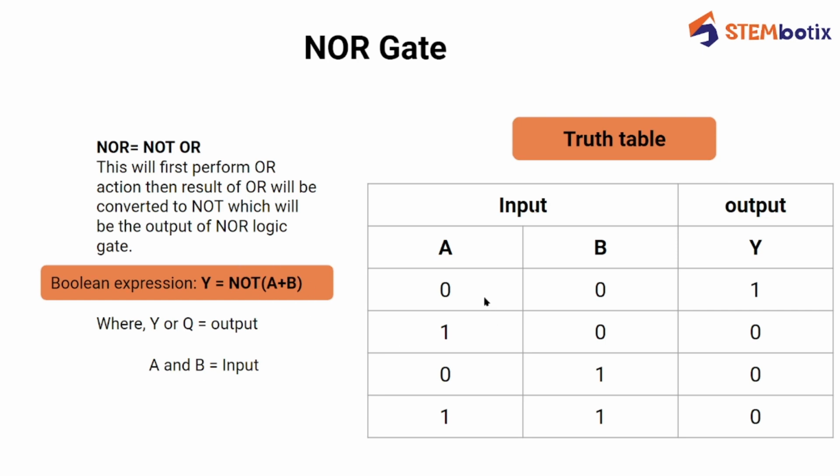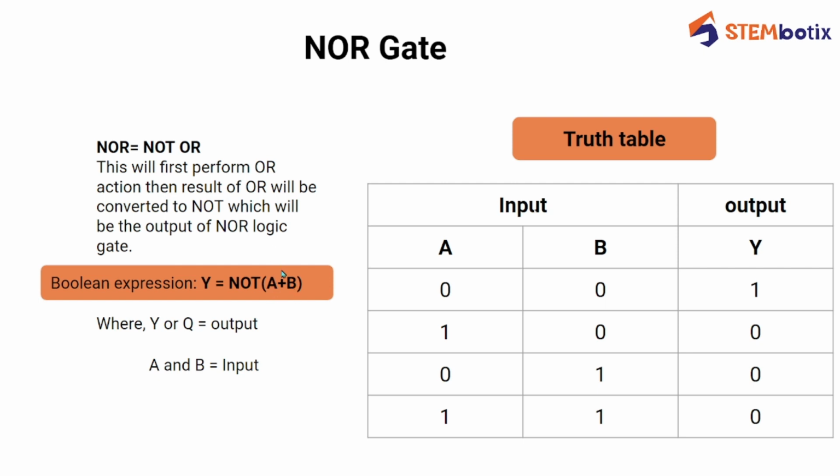So let's see how you can build this table. Put 0 0 over here. 0 plus 0 would be 0, but the inverse of 0 would be 1. So at the time of 0 0 you will have output as 1. In the other two cases, 1 0 or 0 1, the summation remains 1 because one of the quantities is non-zero.